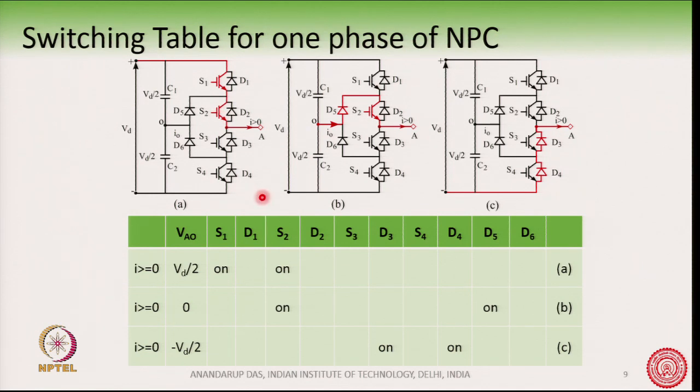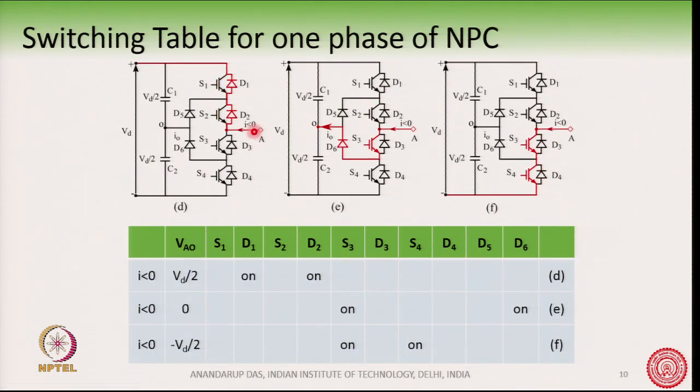Do not give pulses to other switches. If the current direction is positive, then S1 and S2 will conduct, whereas if the current direction is negative, then D1 and D2 will conduct. So the current will decide which devices will conduct.